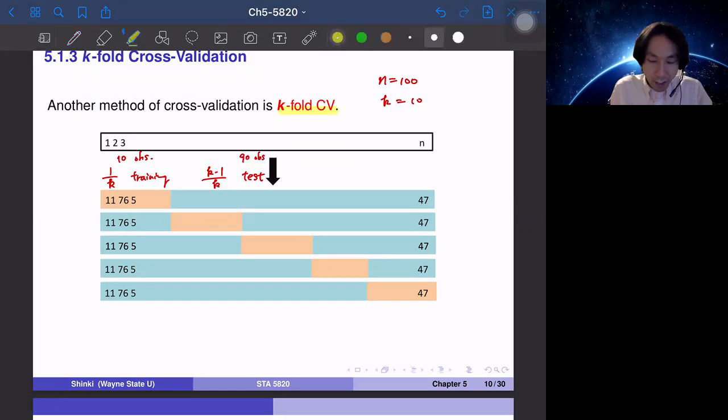We have some randomness about how to divide the 10 to 90. But this is cross validation, so we repeat this 10 times. I think 10 is maybe not a good example, so maybe I would say 5. Then we use 20 observations, because 100 over 5, and here 80 observations.